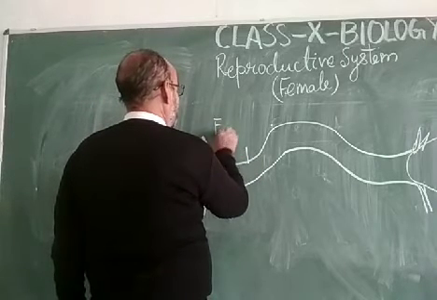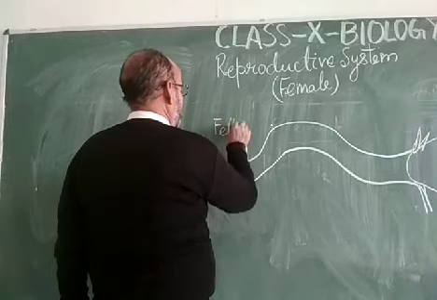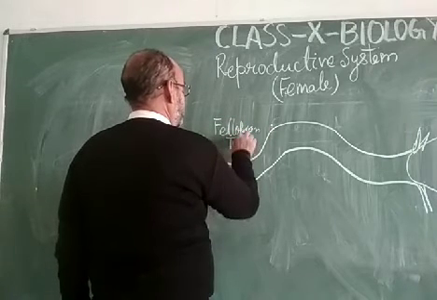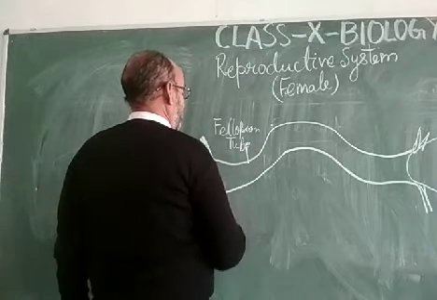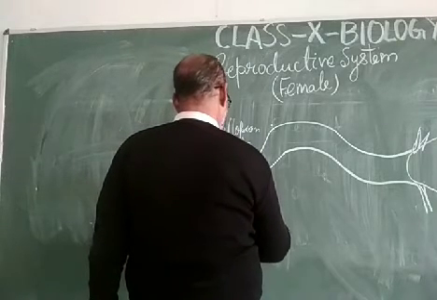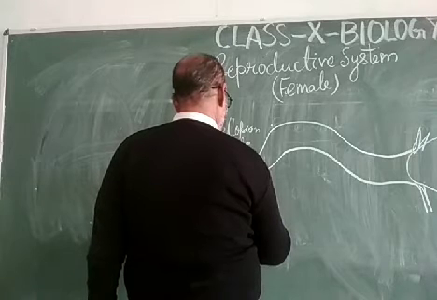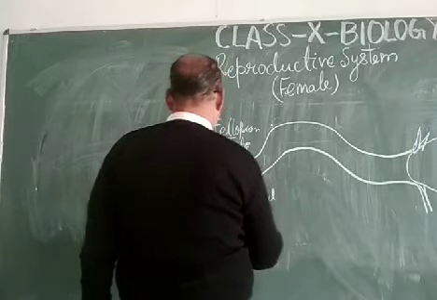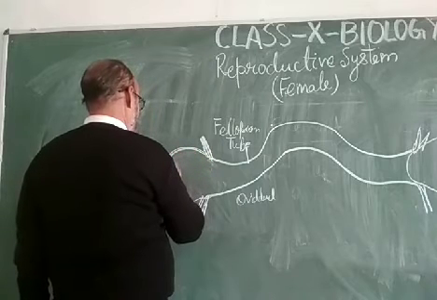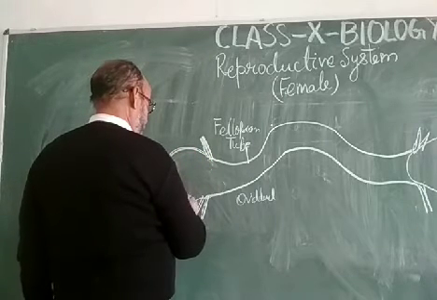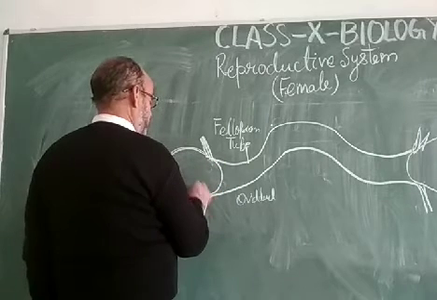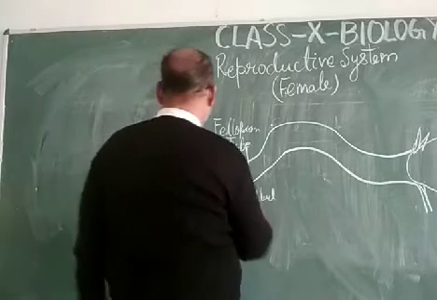This is the fallopian tube, or oviduct. It is also called oviduct. And inside it, this is the ovary, and this ovary is the organ for the production of ovum.